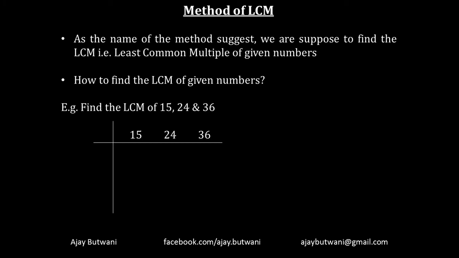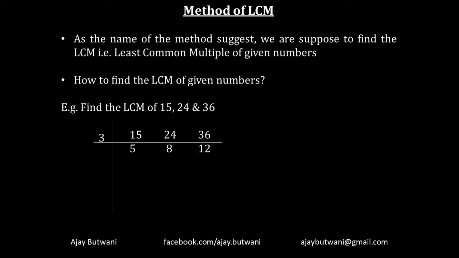Is there any number which divides 15, 24 and 36? Yes, you are right. It is 3. So after dividing 15, 24 and 36 by 3, what is the quotient? Again you are right, 5, 8 and 12.